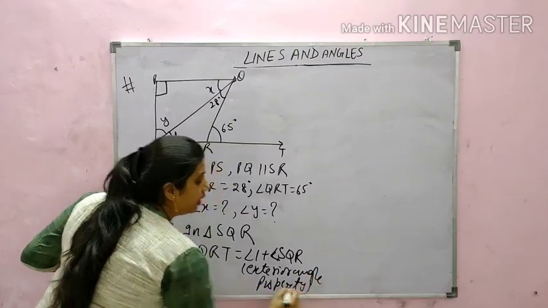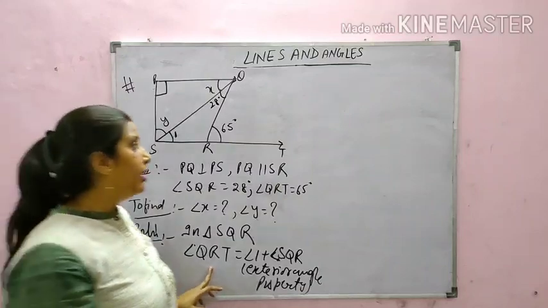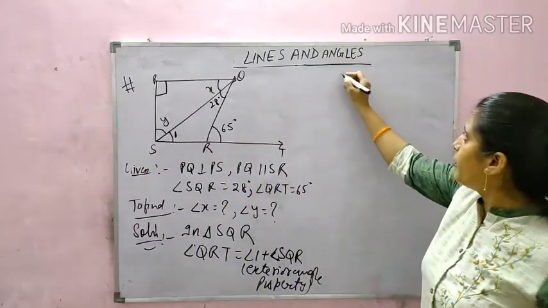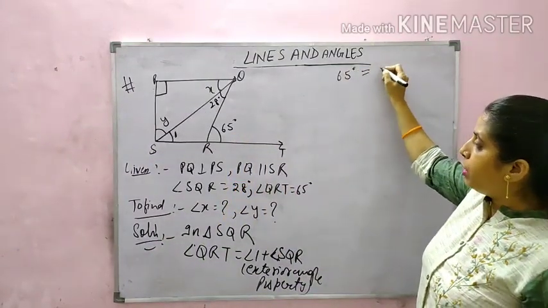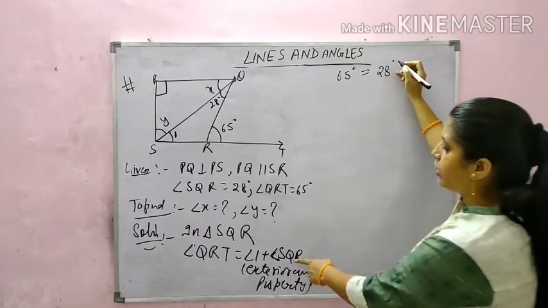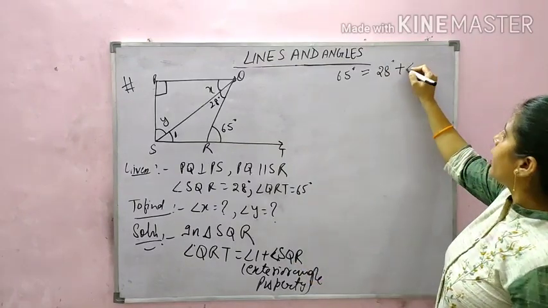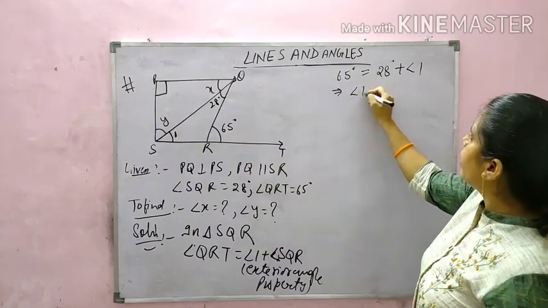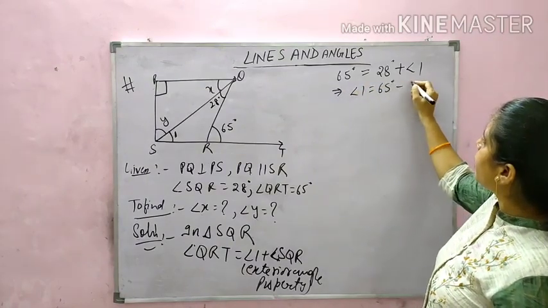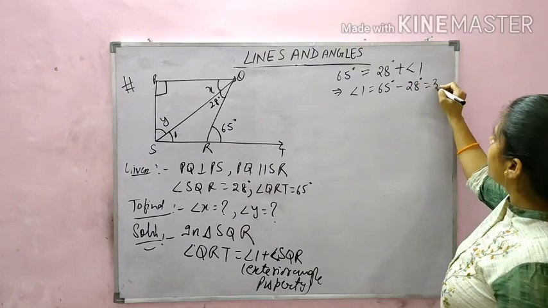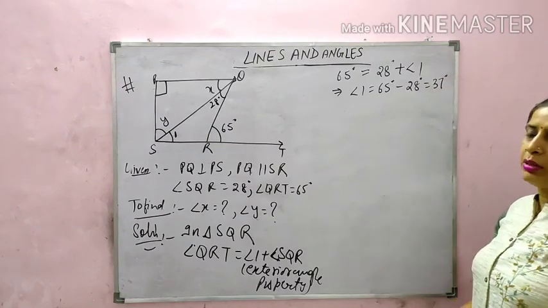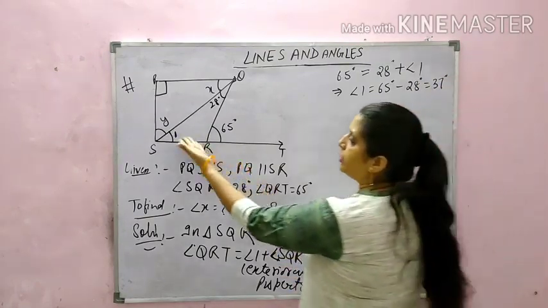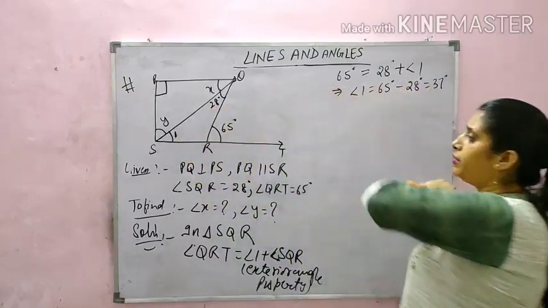Clear? If this is an exterior angle, then 65 degree equal to 28 degree, which is angle SQR, plus angle 1. Clear? Now find out angle 1. Angle 1 equal to 65 degree minus 28 degree, which is 37 degree. It means we have found angle 1 as 37 degree.